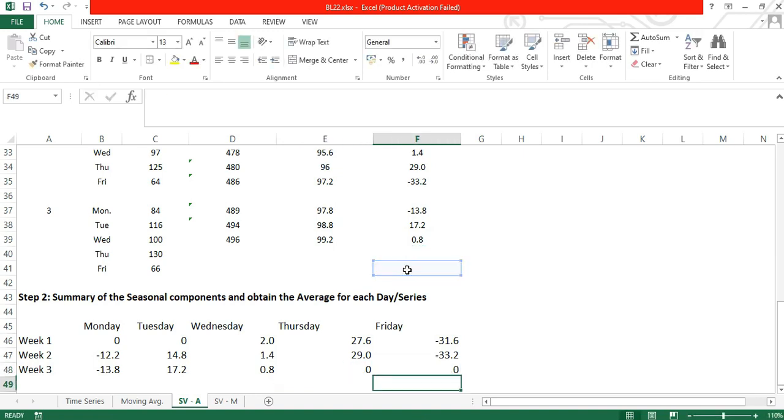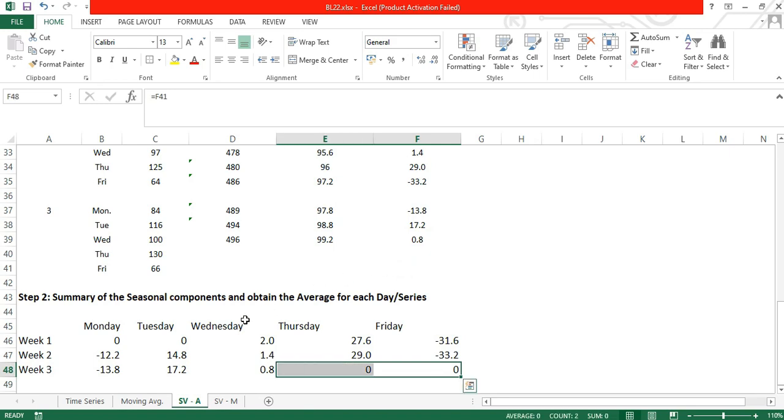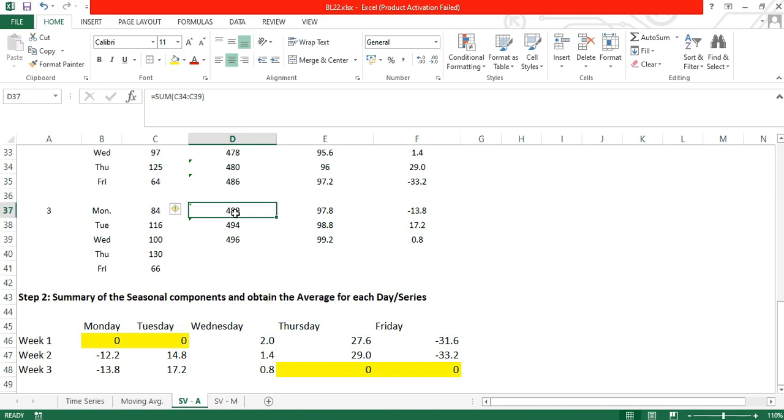Now these zeros highlight the importance of you placing the value right next to the middle value of your data set, isn't it? Because if you place 489 somewhere here, then you will say that Friday is 0 and Thursday has a number 496, but it is incorrect because you place the data in the wrong cell.